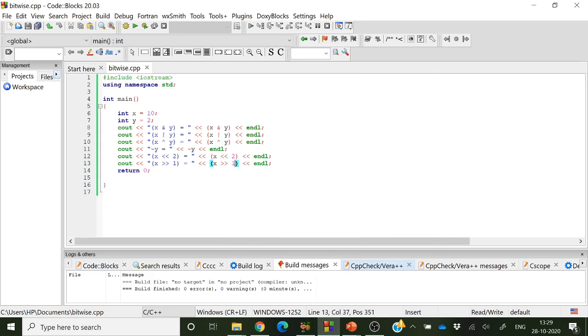Please note that we are shifting the bits in x, but we are not modifying x itself. That is, the x value will remain 10 throughout this program. If you want to change the value of x, then you will write x equal to x shift left 2 and then print the value of x.